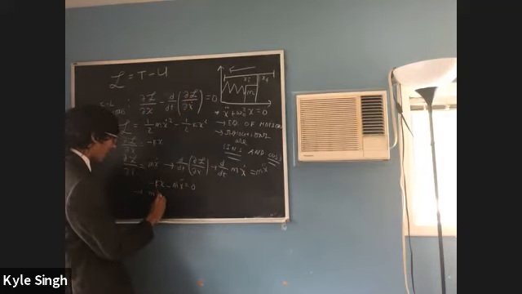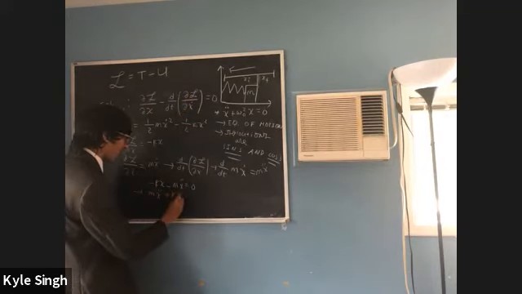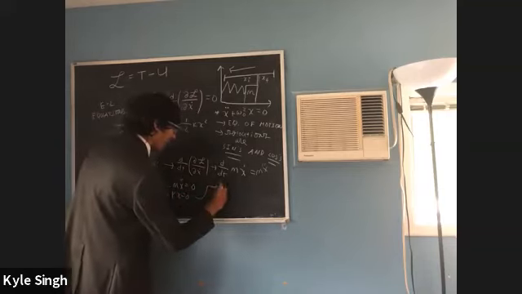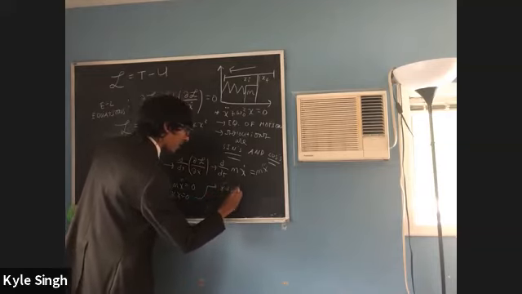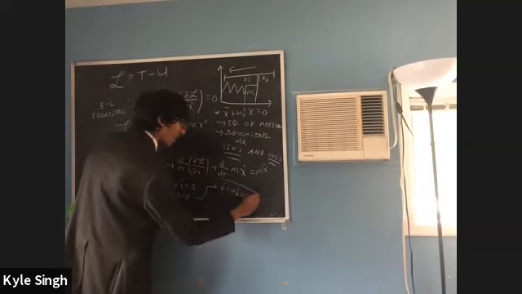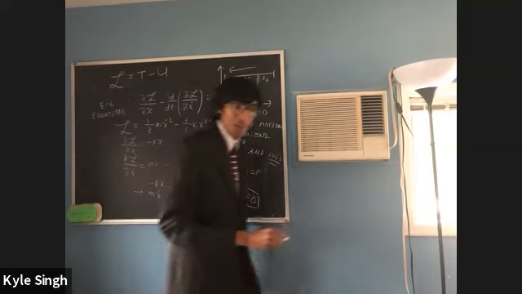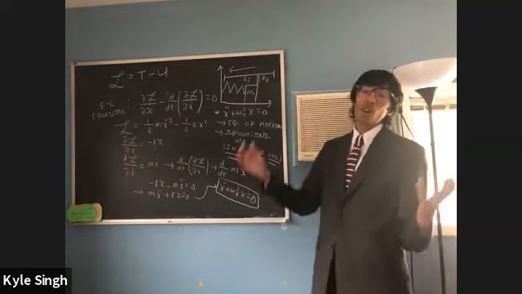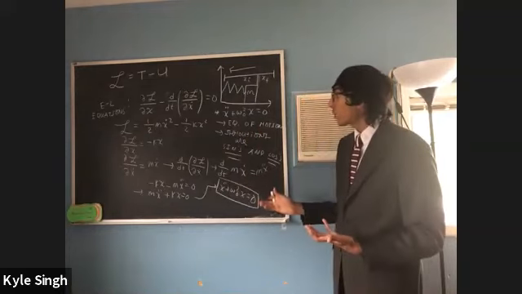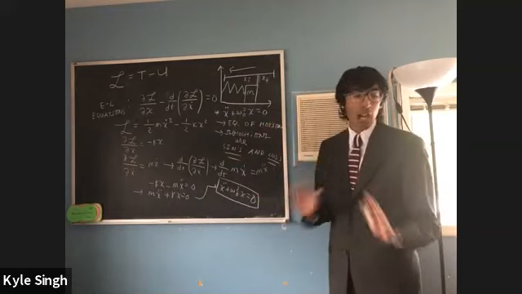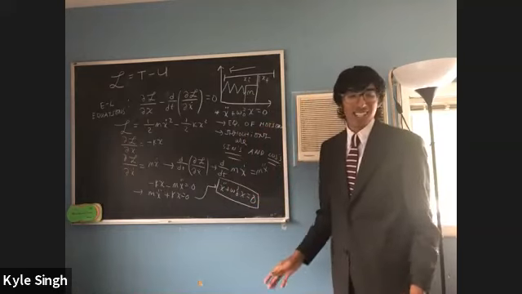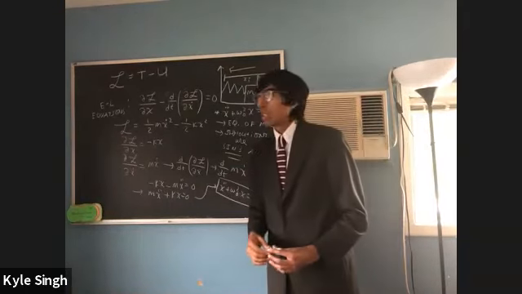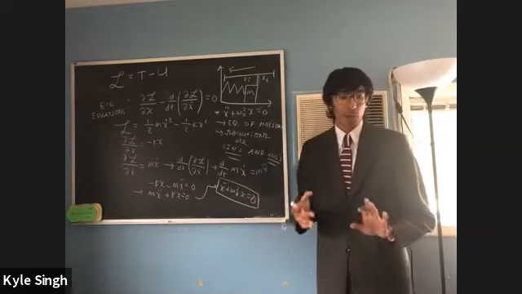This is just m x double dot plus kx equals 0, which is just x double dot plus omega naught squared x equals 0. There you go. This is where people go, whoa, because intuitively you would not see the connection. I don't know how Lagrange figured this out. So this is the basics of Lagrangian mechanics.